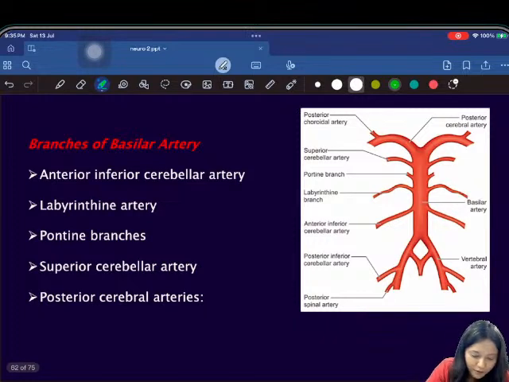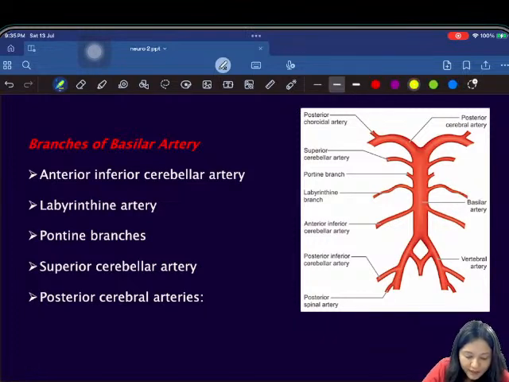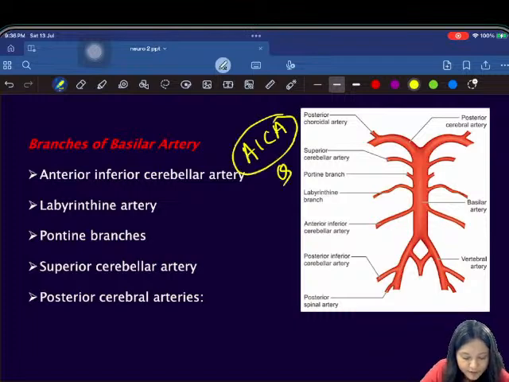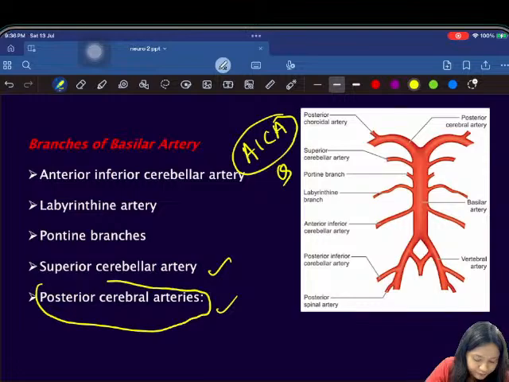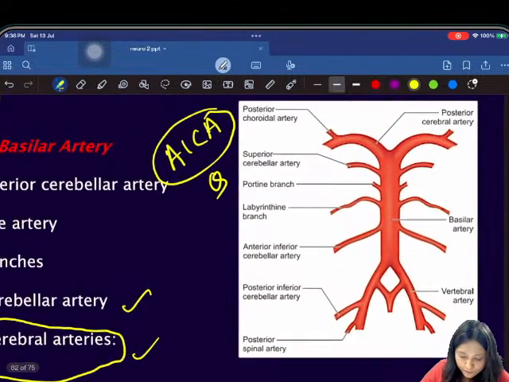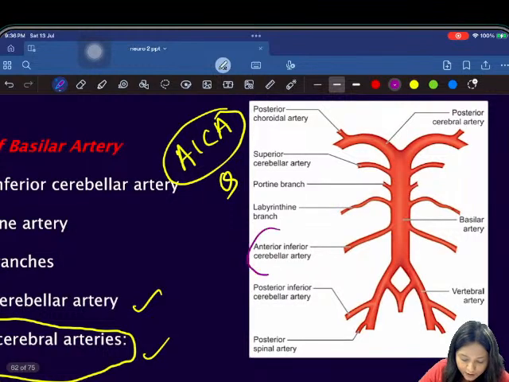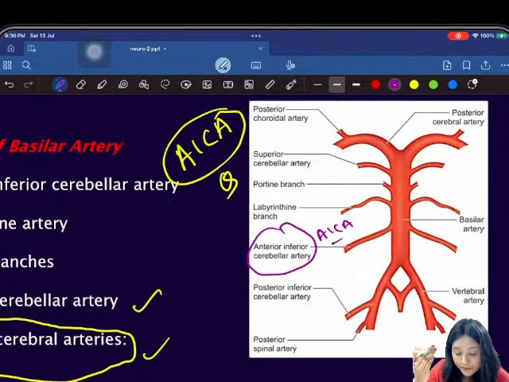Now what are the branches of the basilar artery? This is also important. You have the AICA, anterior inferior cerebellar artery, labyrinthine, pontine, superior cerebellar artery, and the posterior cerebral artery. The posterior cerebral artery takes part in the circle of Willis.